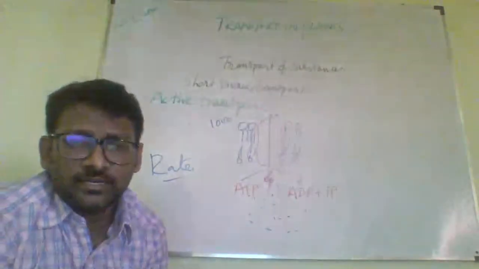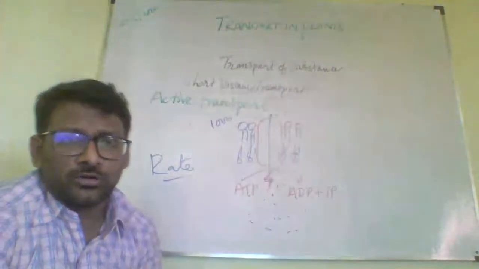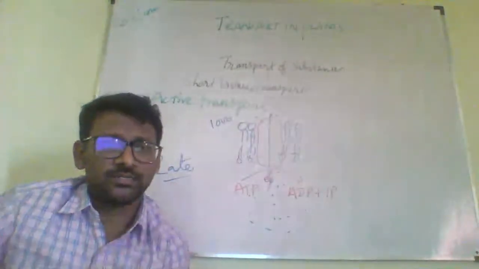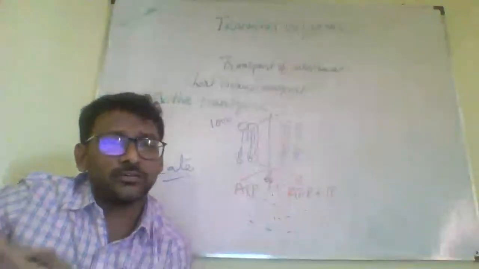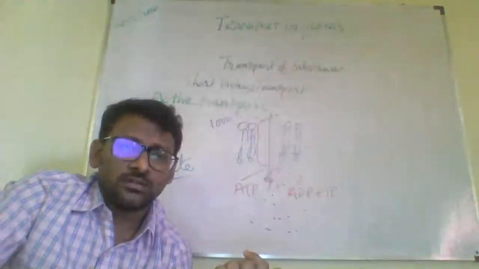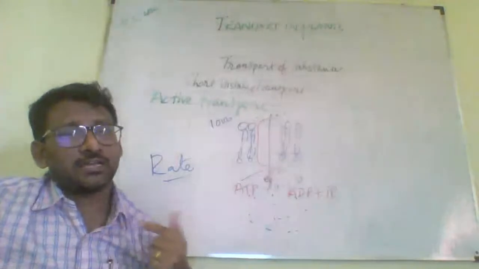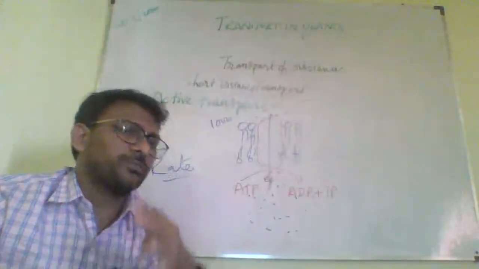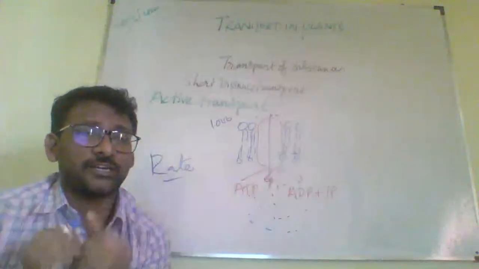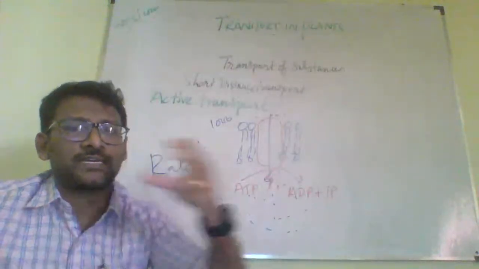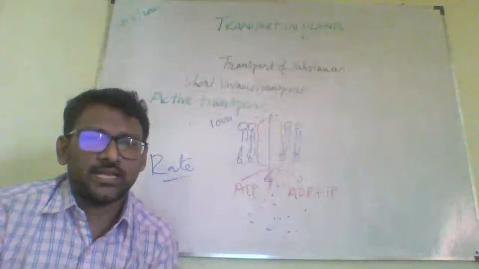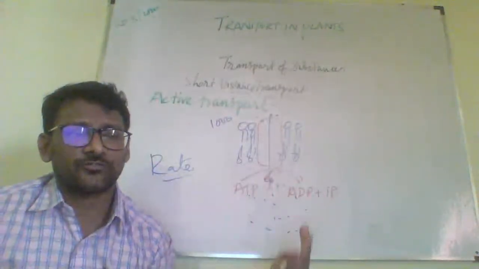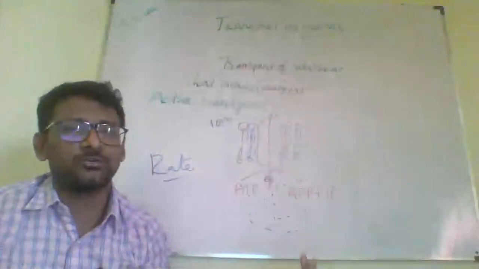So time t, right? If you have only one door, for example, imagine that one room has only one door and there are 100 people waiting to get inside the room. What happens to the rate of their entry into the room? It would be less. But if I arrange 10 doors into the same room, so 10 people can come at a time. So it increases the rate of diffusion or rate of transport of these 100 people into this room.